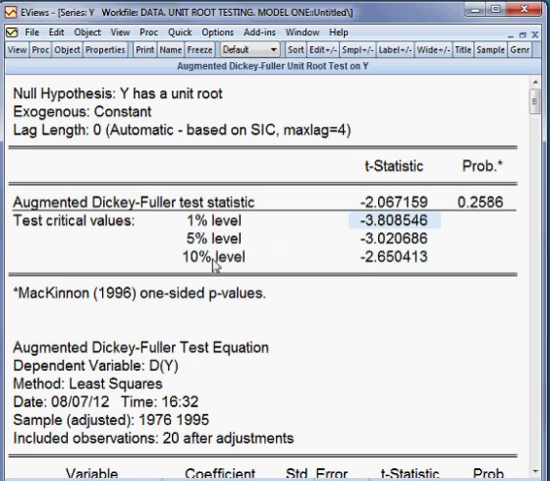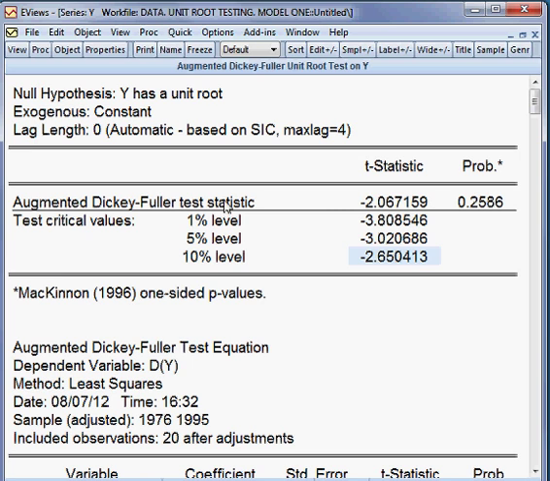The critical value at the 5% level is minus 3.020, and the critical value at the 10% level is minus 2.6504.